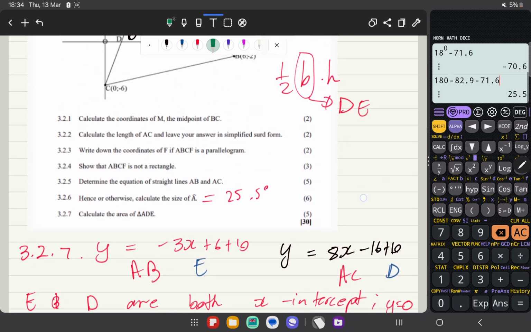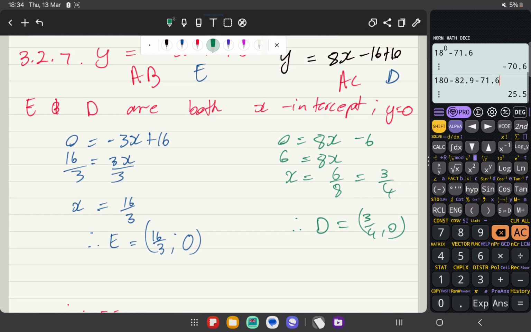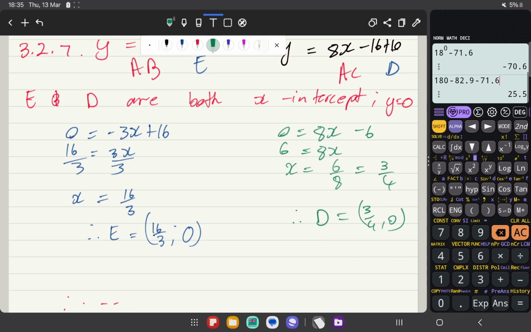So my base is DE. I'm going to find the distance between these two points. The distance DE is the square root of 0 minus 0 squared plus 16 over 3 minus 3 over 4 squared.